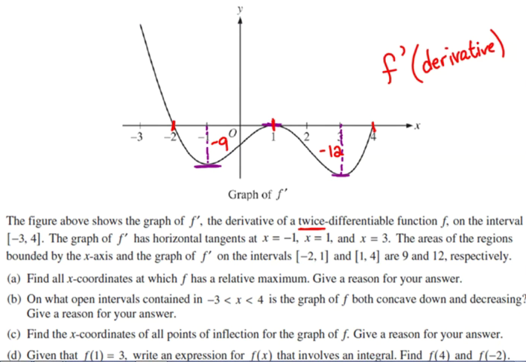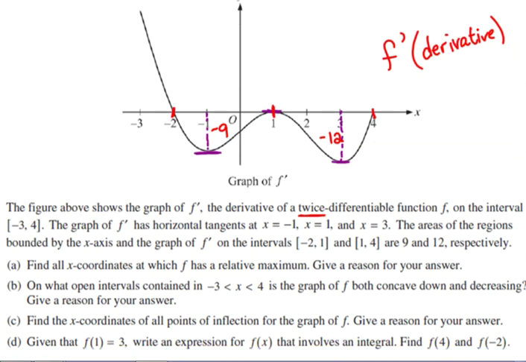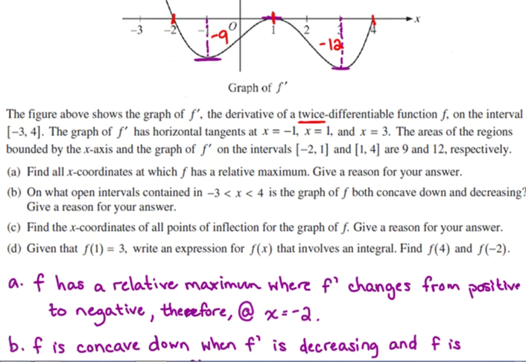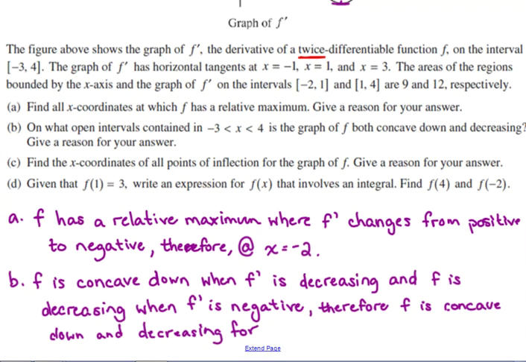So from -2 to -1, and from 1 to 3. From -2 to -1 and 1 to 3 is where f prime is both decreasing and negative. Therefore, f is concave down and decreasing on those intervals. So 1 point for the intervals, 1 point for your reason.